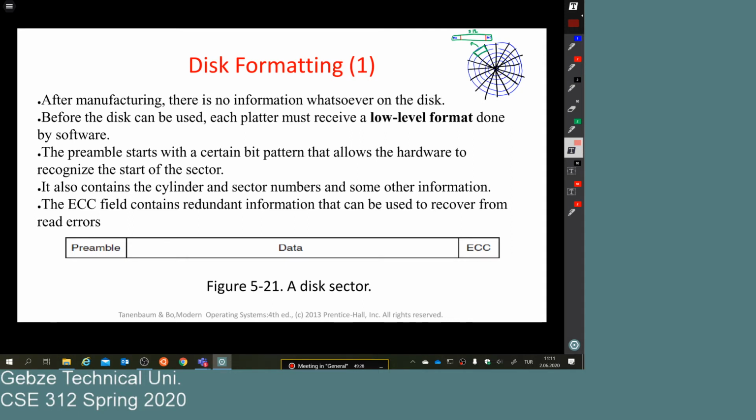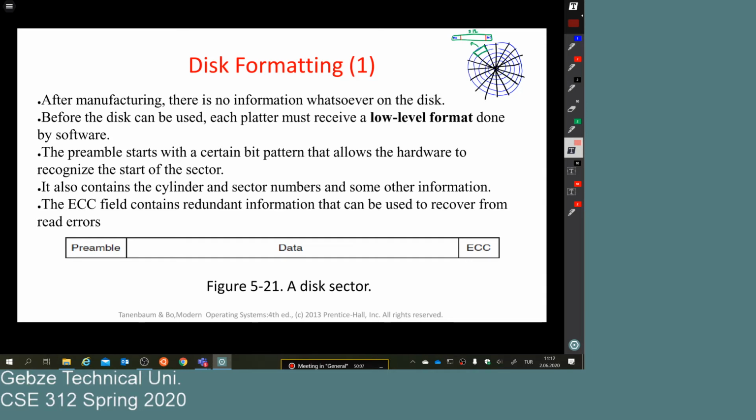That information is used so that after I read all of that data, I compare the calculated ECC number with this ECC number to see if the data that I am reading is valid data. If it is not valid, then there is a problem with the sector.